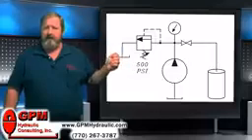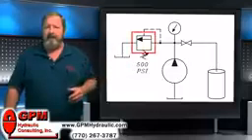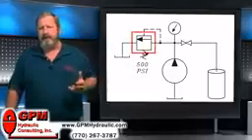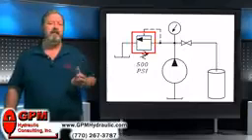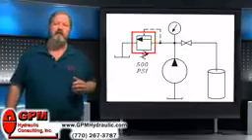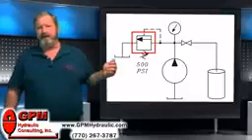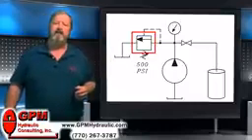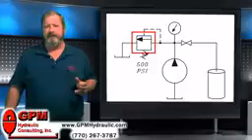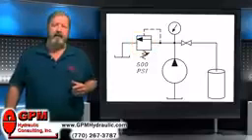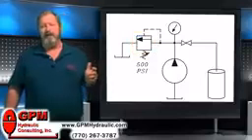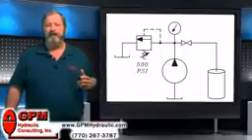Now, if we follow it to the left, we get to a box that has an arrow in it. Boxes with arrows in them typically are going to mean a valve. In this particular case, we have a relief valve. And the direction of the arrow indicates the direction of flow through the valve. Notice, however, that the arrow is not touching the inlet or the outlet ports.